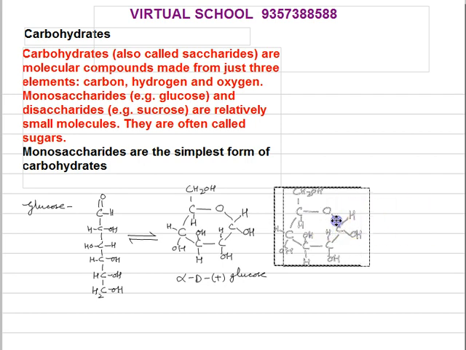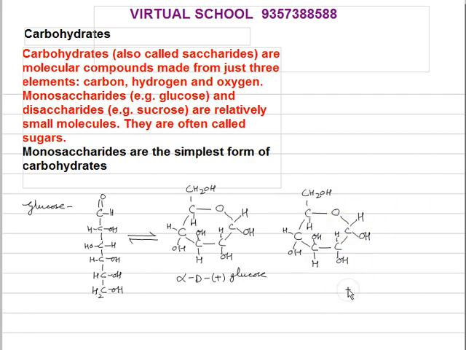If I change the position of OH and H in the first carbon, we make these changes like this, and OH goes up here. So this becomes beta D glucose. It is so simple.